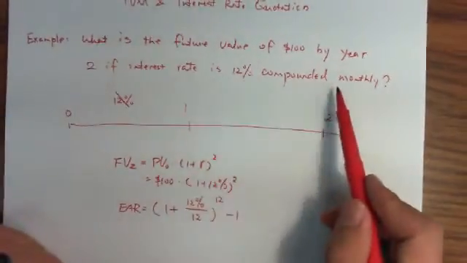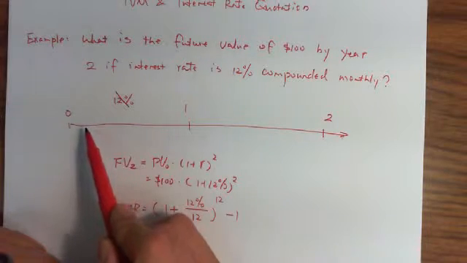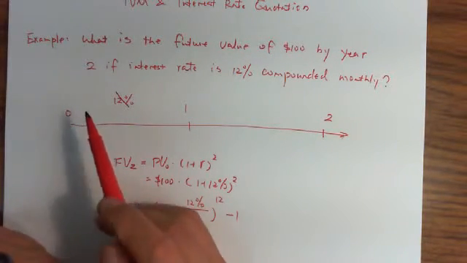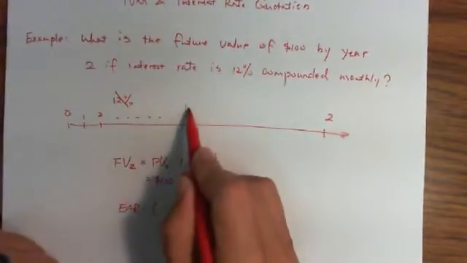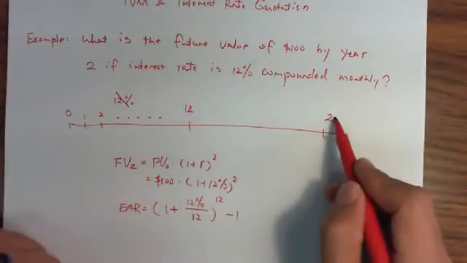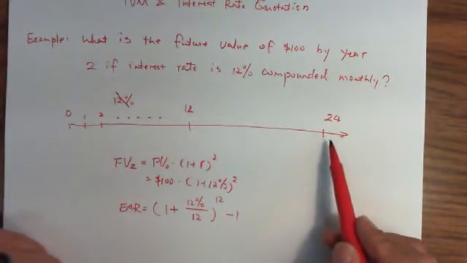By quotation, the interest is paid by months. So each month there is going to be one interest payment. We should use a month as a period. So we have 1 month, 2 months, until this is 12 months, and then this is 24 months. So we have 24 periods.